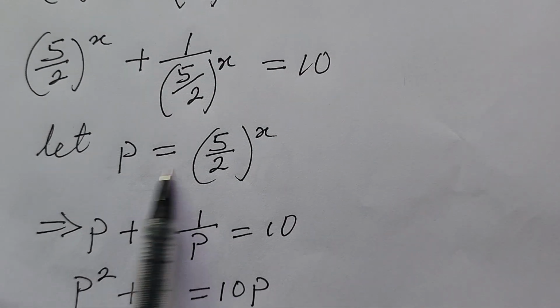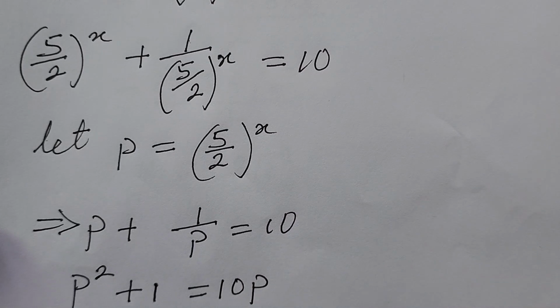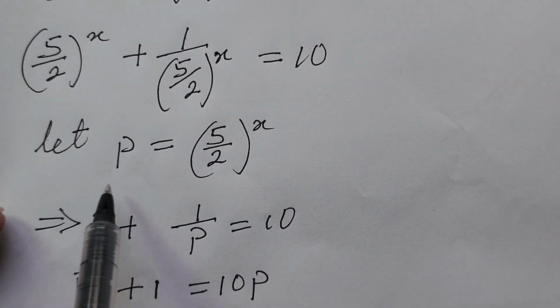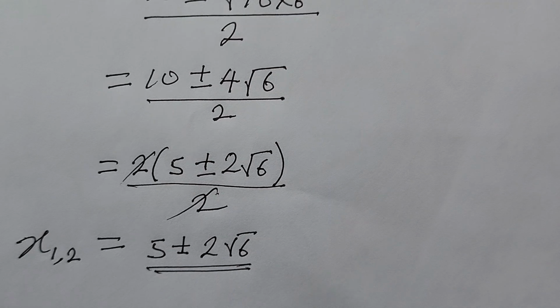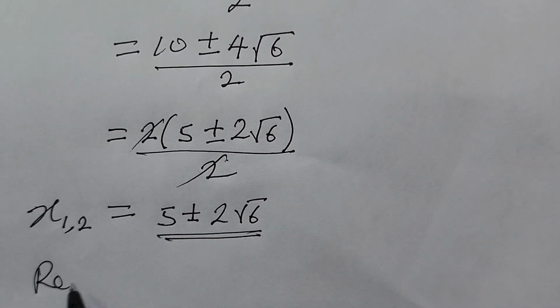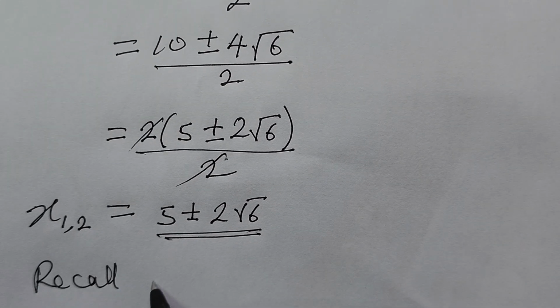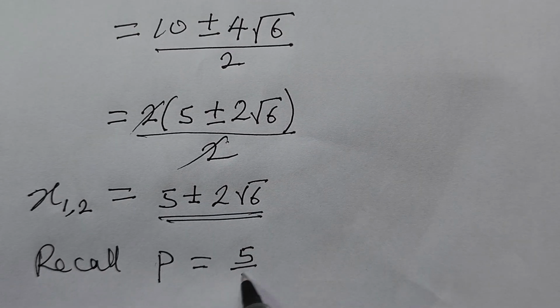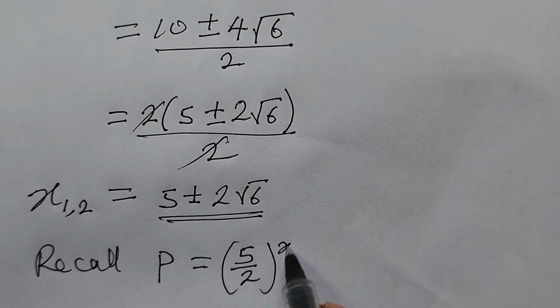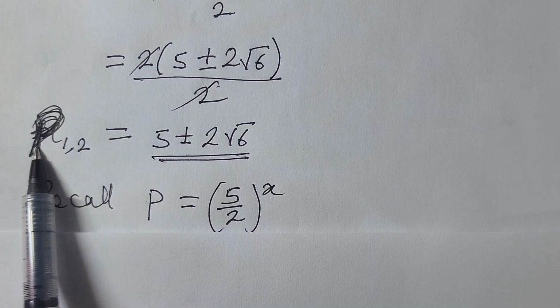But here we have to recall that we don't have p in the original equation, so we now consider this expression here. We recall that we said let p be equal to 5 all over 2 all to the power of x. So this is p, please, not x.